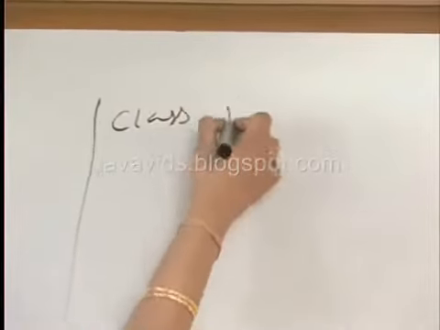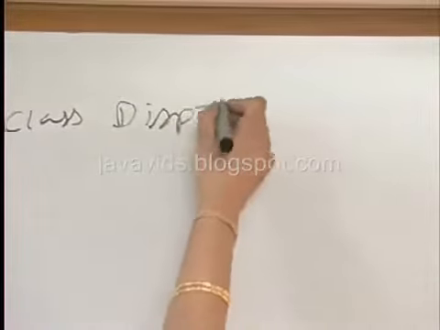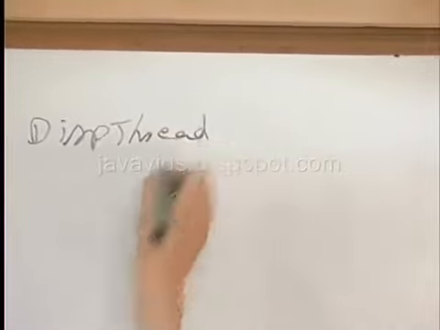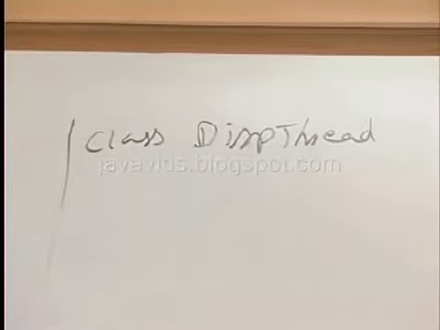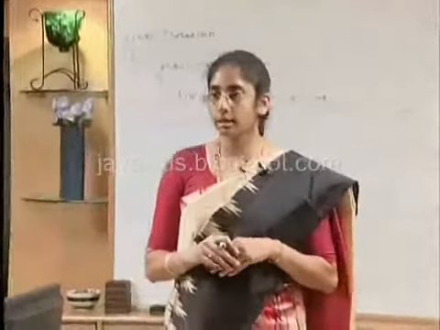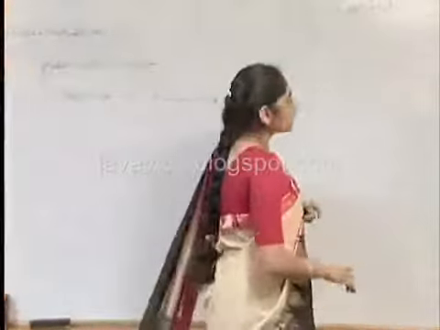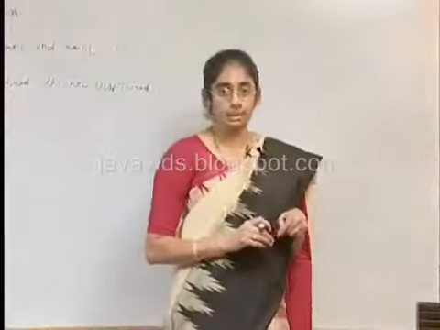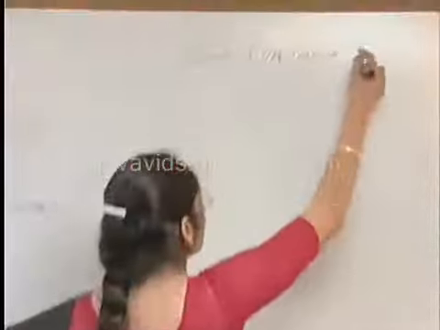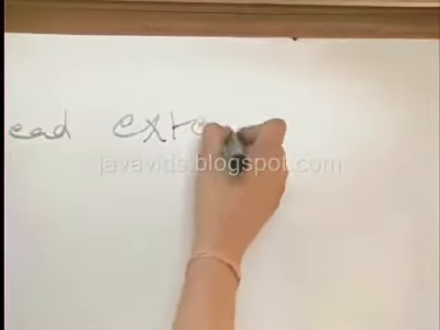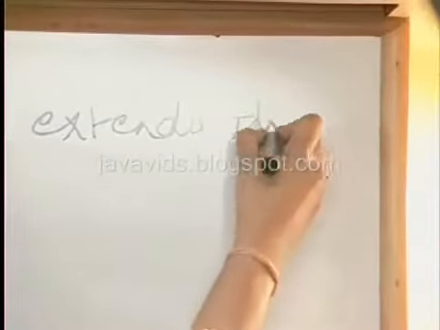We have a class DispThread. Let's follow the steps that we wrote. We are going to look at the first method, extending the Thread class. The first method says extend a class from the Thread class. So we have a class which extends from Thread.